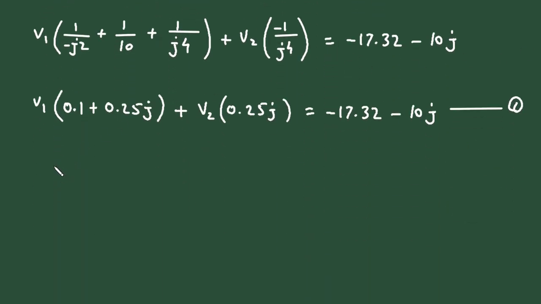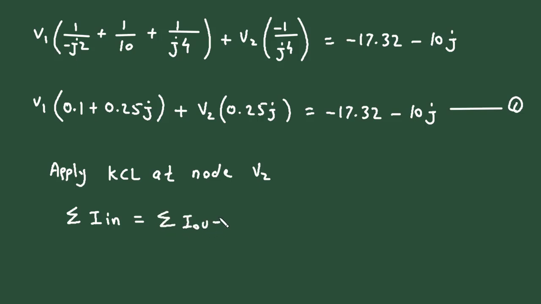Now next, apply KCL at node V2. Again, summation of all the currents entering a node is equal to summation of all the currents leaving the node.